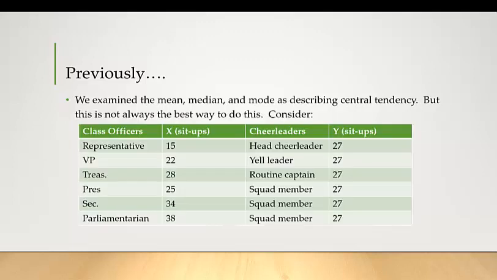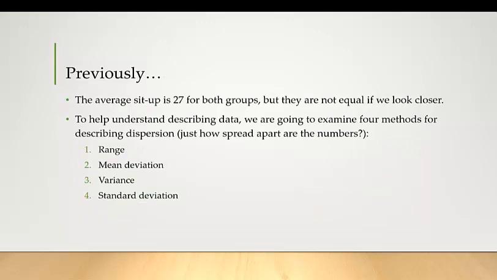And so we can see that's our concern here in this slide, is that the cheerleaders are all doing 27. There's no dispersion here. They're all the same. The class officers, we go all the way from a low of 15 to a high of 38.